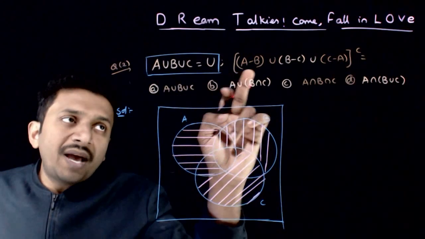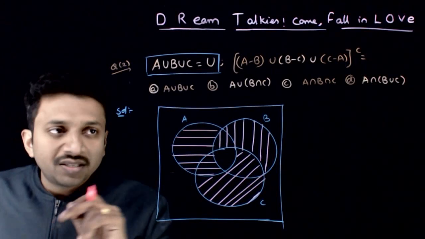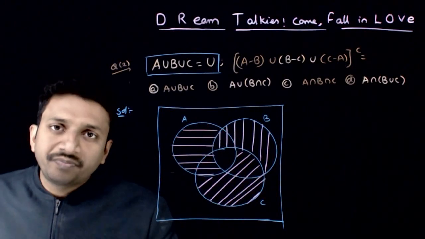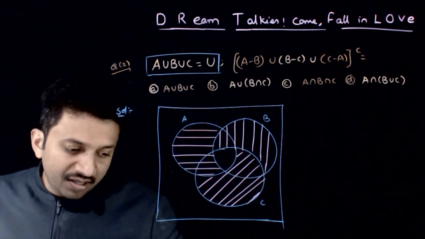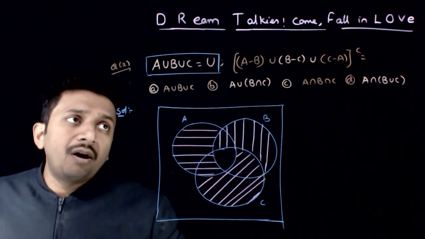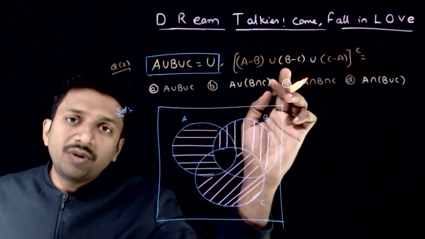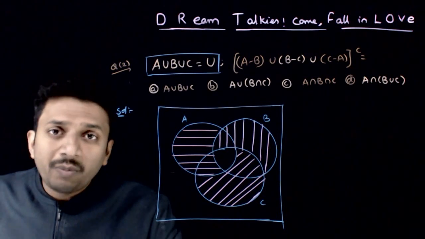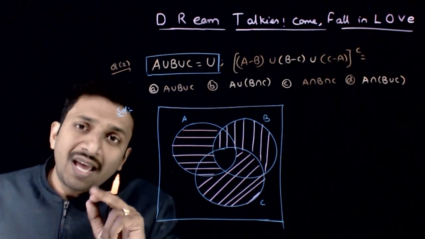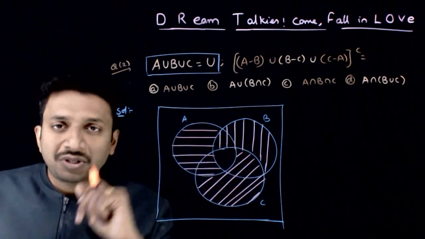So what is A minus B union B minus C union C minus A? All the shaded portion. You're asked to find the complement of that. Complement means all the elements except the shaded portion.